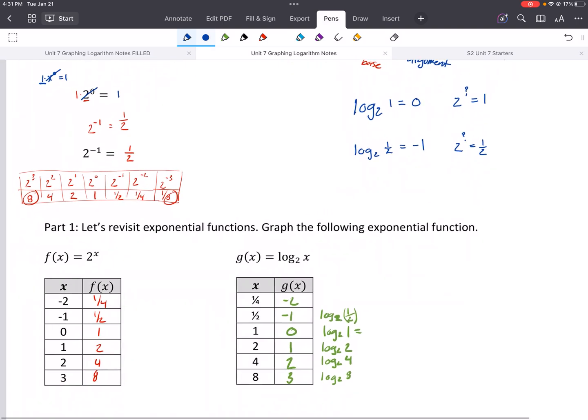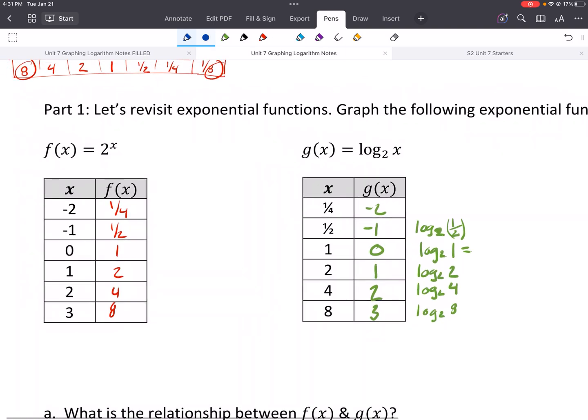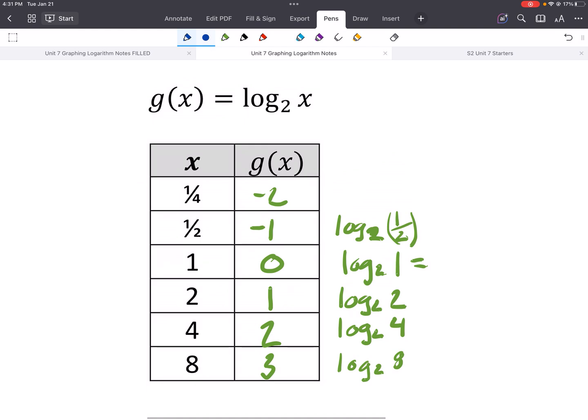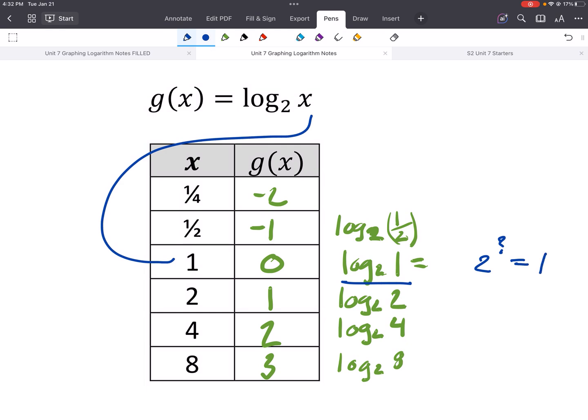Then we went over and filled in this table. Again, we're doing the same thing. We're taking these values in here, and we would say log base 2 of 1 is equal to what? So 2 to what exponent would give us 1? And so we would end up getting 0. 2 to what exponent is 2?